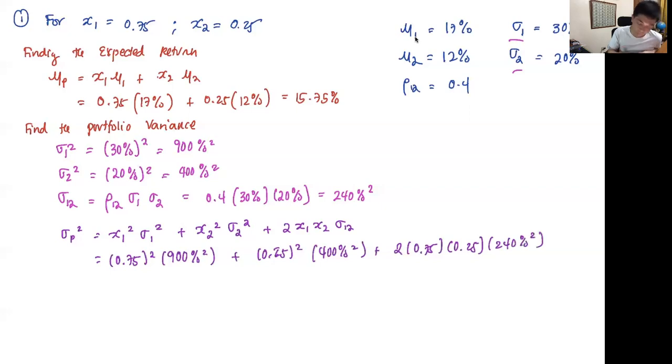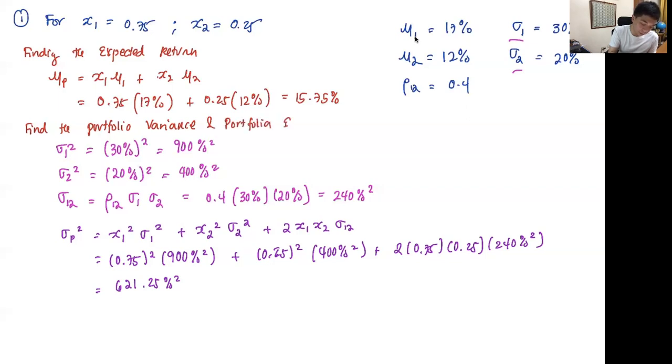You'll notice all of this will be in percent squared, which is the traditional form for a variance. If you calculate this, it will be 621.25% squared.